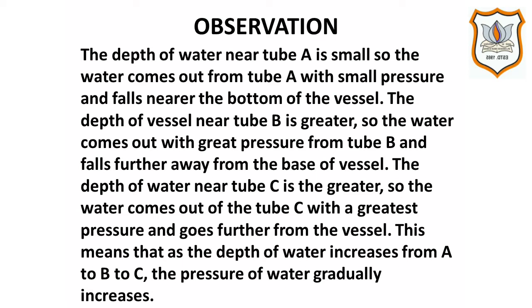So the water comes out with greater pressure from tube B and falls further away from the base of the vessel. The depth of water near tube C is the greatest. So the water comes out of tube C with the greatest pressure and goes furthest from the vessel.